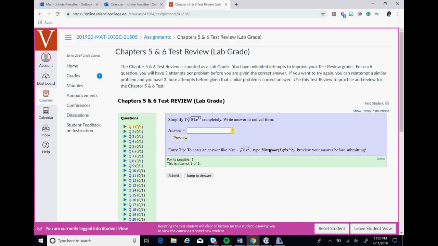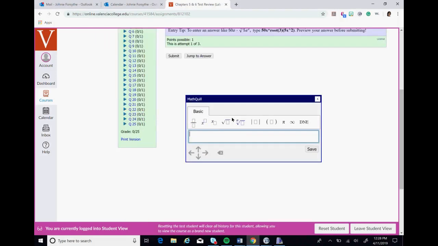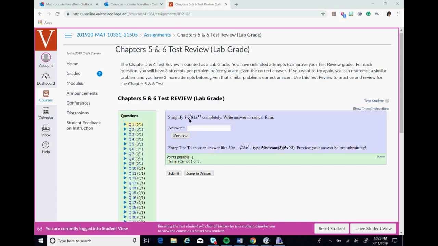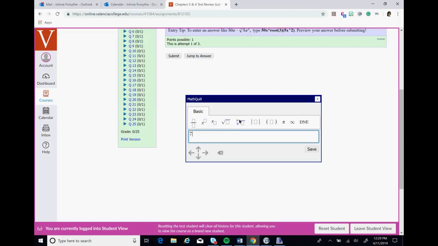You don't have to type the whole root parentheses 3 anymore. That's old. You can use this to put your answer in there. A third root, make sure that you do that. So if you want to say 7 times the third root of whatever, I'm just going to retype what it says.